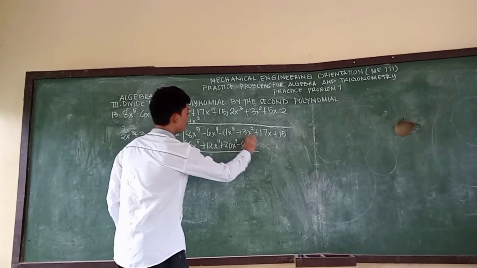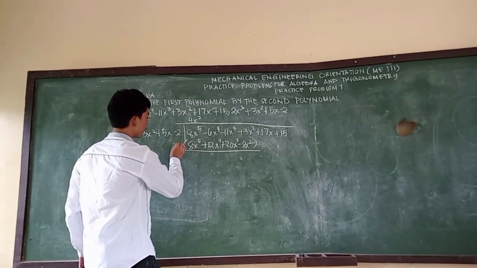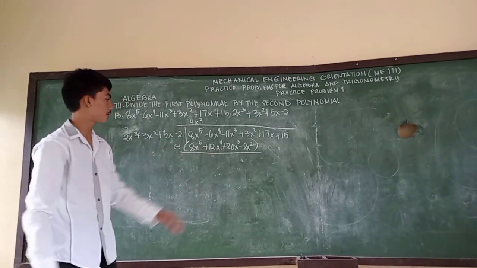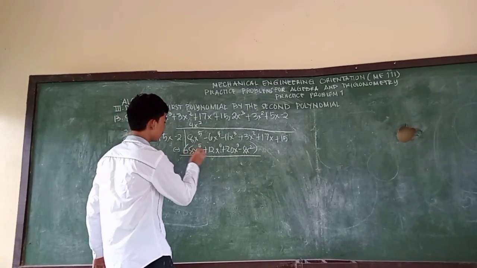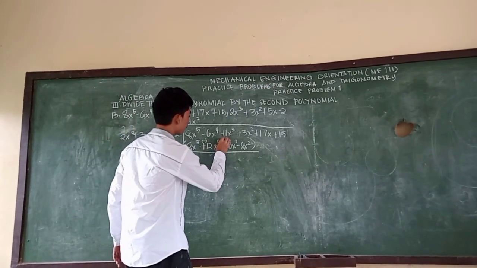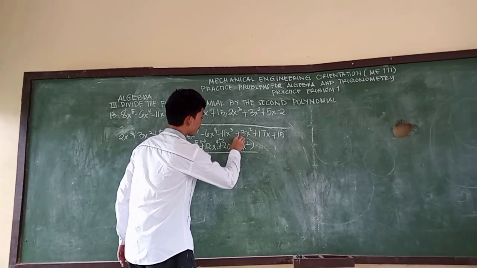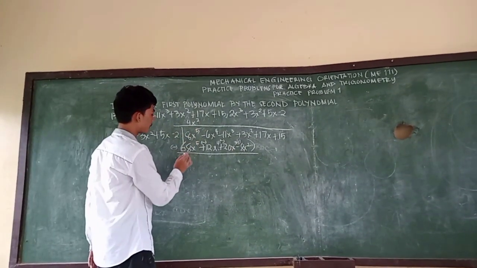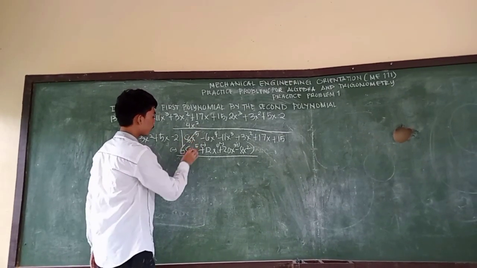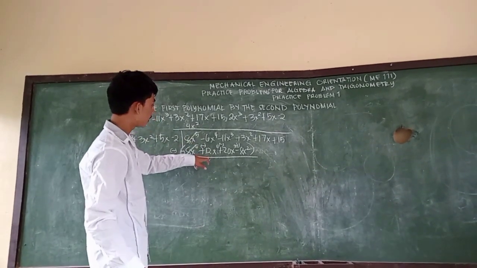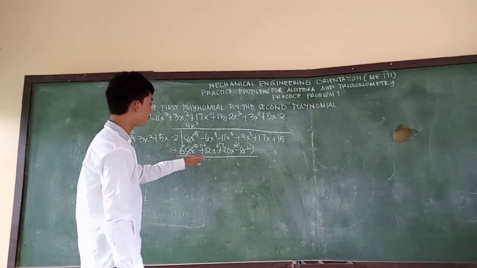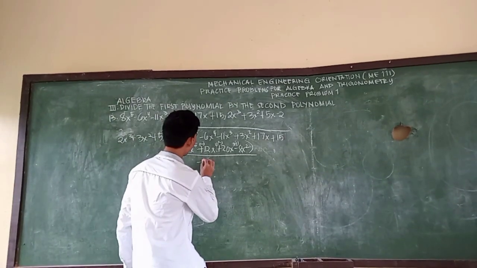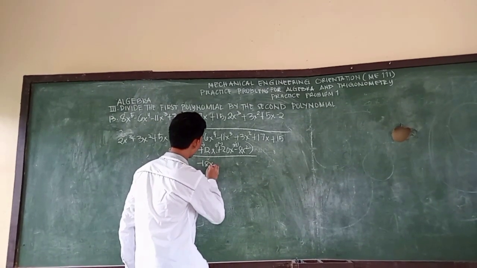Minus. So we will change the sign of every term in this equation. So it will be negative, this one will be negative, this one will be negative, and this one will be positive. So 8x to the 5th minus 8x to the 5th cancelled, and then negative 6x to the 4th minus 12x to the 4th gives us negative 18x to the 4th.